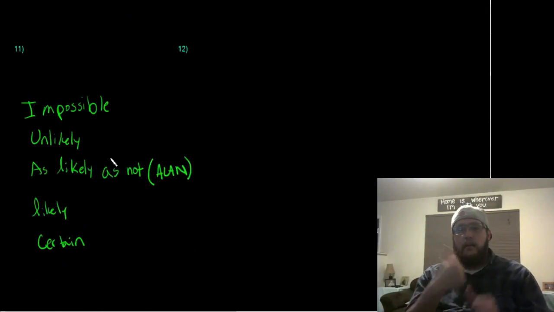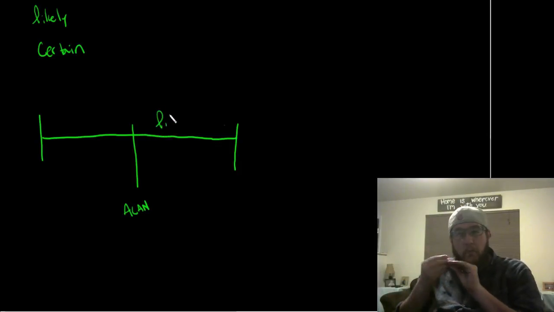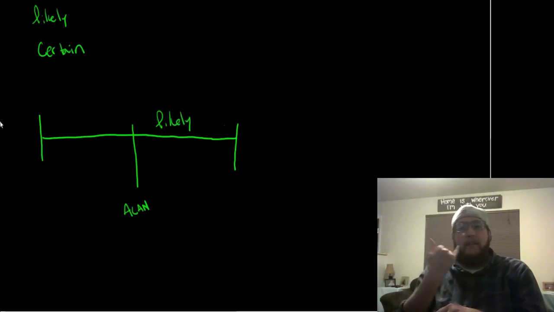And so what we're doing is just seeing whether or not it's halfway, because if you recall, if we had our little graph here, this halfway point was as likely as not. Greater than half was considered to be likely.